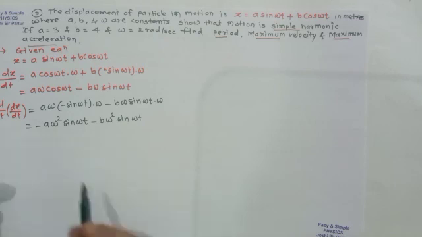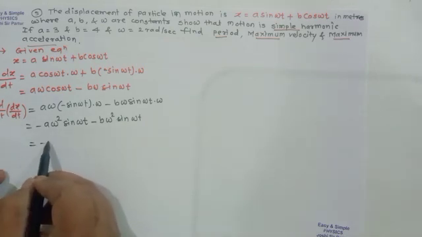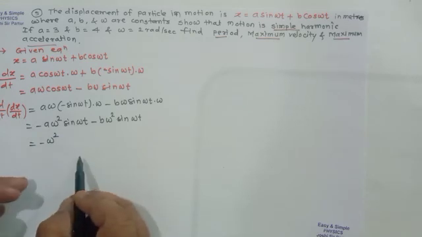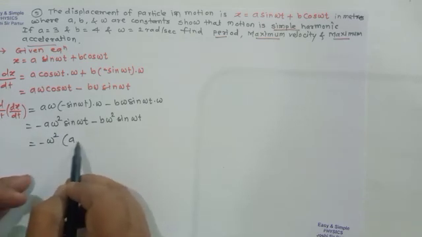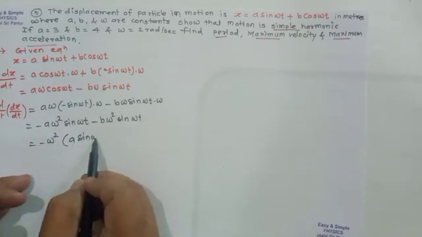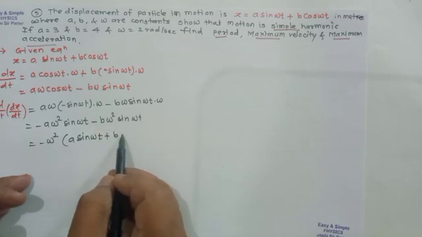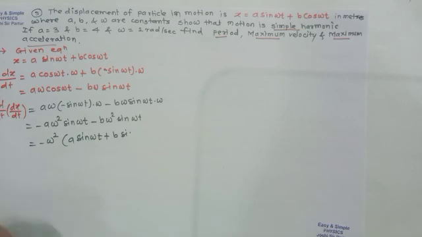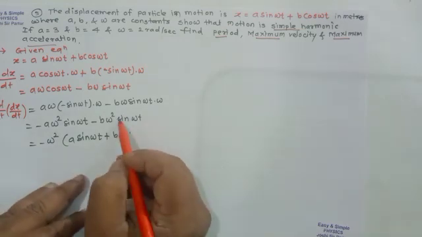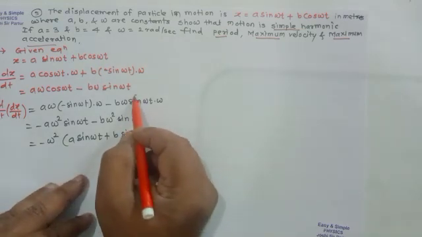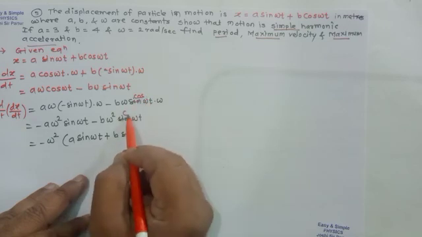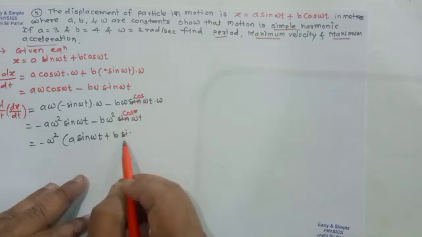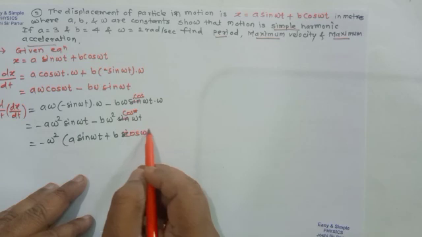Here omega square is taken as common, minus omega square, so it will be a sin omega t plus b cos omega t.